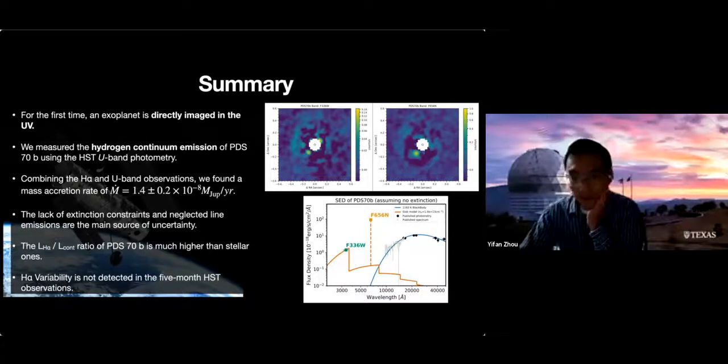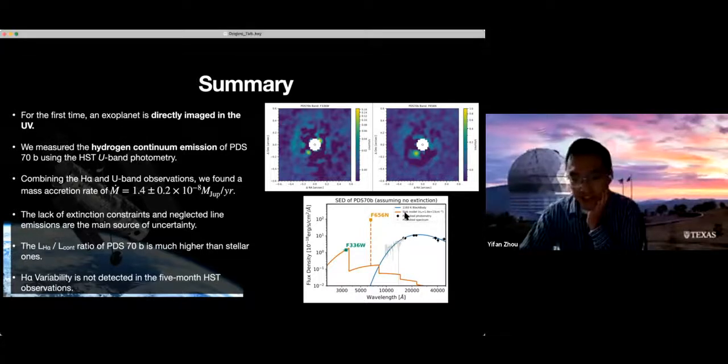I think the other bands would be very challenging. If the SED of the planet behaves exactly the same as what I plotted here, the other optical bands would have a very high contrast between the planet and the star.